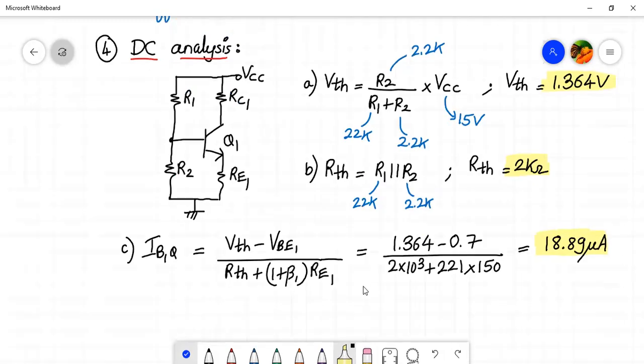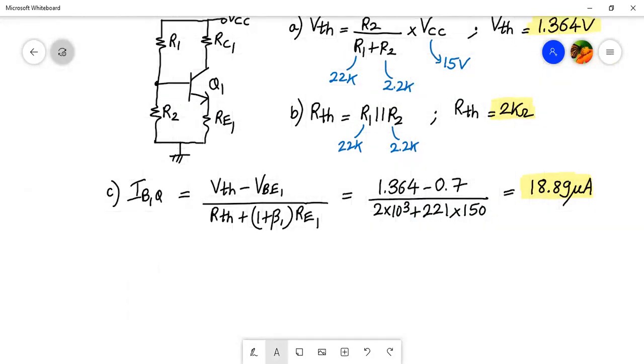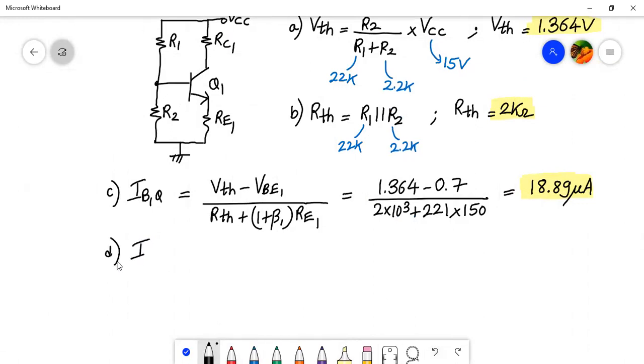Fine. If you get any different answer than this, please write it in the comment section. Now, once we know the value of IB1Q, we'll find the value of IC1Q, which will be beta 1 times IB1Q. So that will be 220 into 18.89 microamperes.